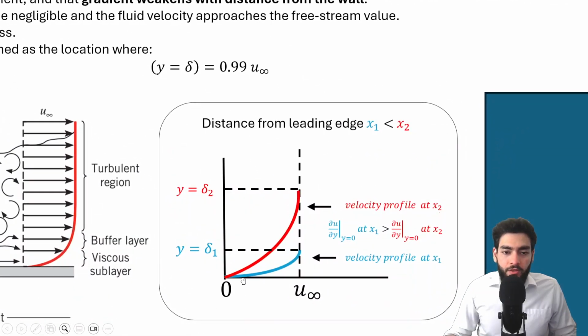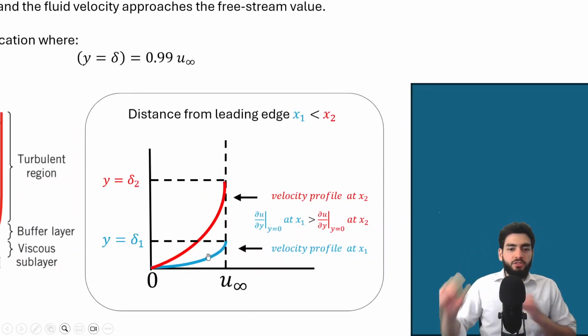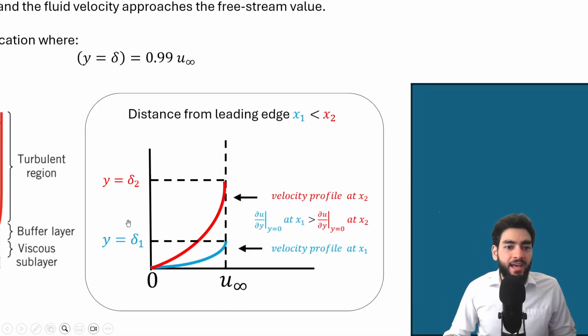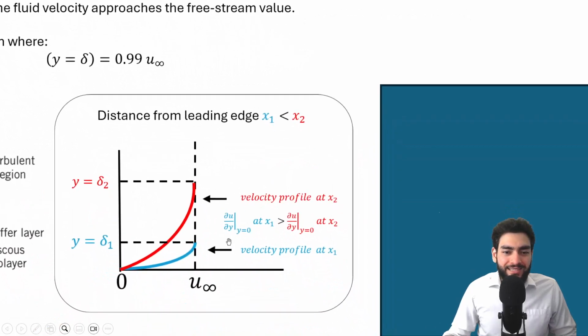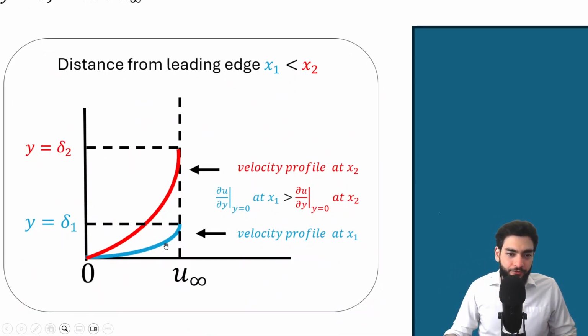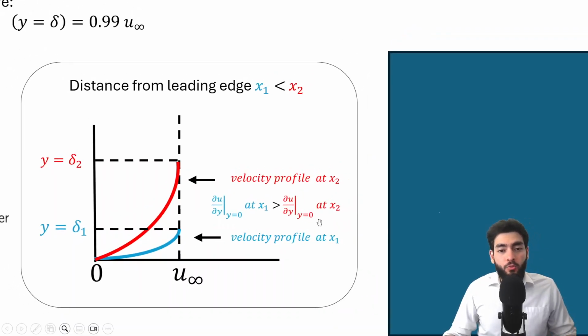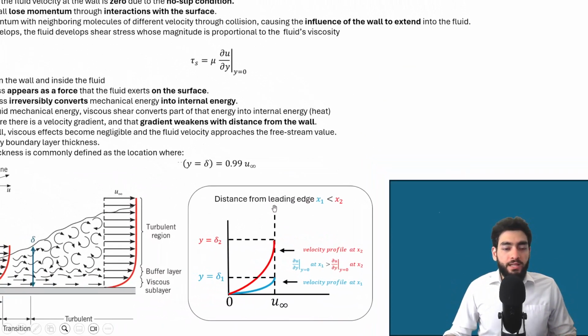If you look at the slopes, you actually want to look at the inverse of these slopes, because on the y-axis I have the vertical distance and on the x-axis I have the velocity. But when we're looking at the shear stress equation, we want to see the change in velocity over the change in distance. So you're looking at the inverse of these slopes. Essentially, you can see that the slope at x1 will be a lot steeper than the slope at position x2. And that was the point of this visualization.